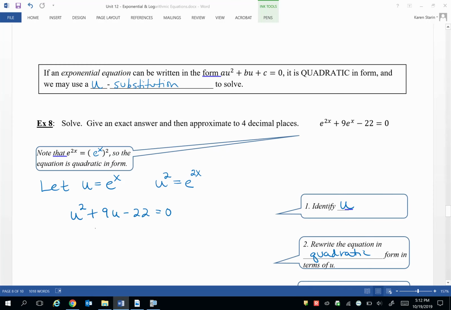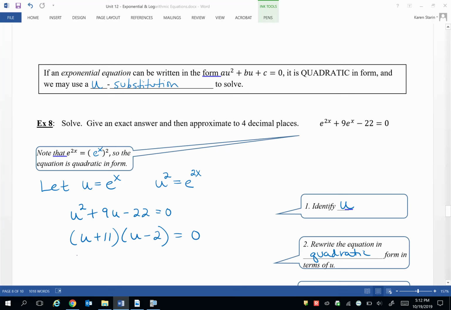Now we'll be able to factor this with any of our factoring techniques, and in this particular case we're looking for factors of negative 22 that add up to 9. So I quickly recognize I have u plus 11, times u minus 2. Positive 11 times negative 2 gives me negative 22, and positive 11 minus 2 gives me positive 9.